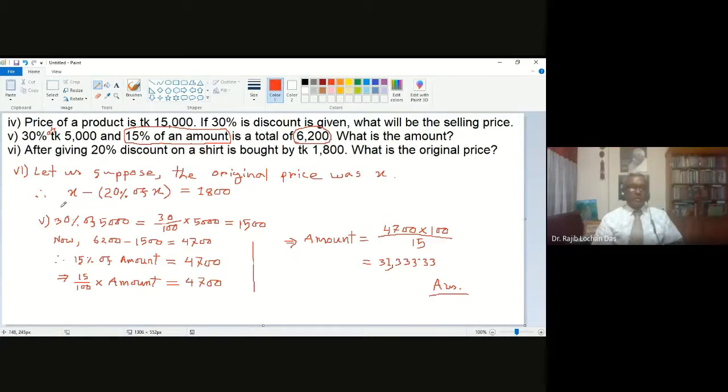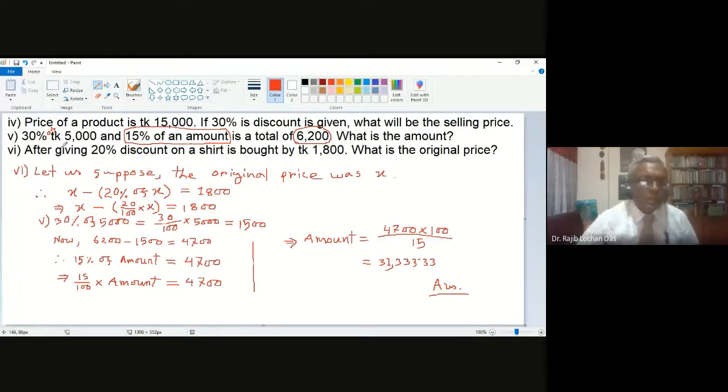And now you can go to the next line, and in the next line you can write X, then minus, then again bracket, 20 by 100 into X, equal to 1800.